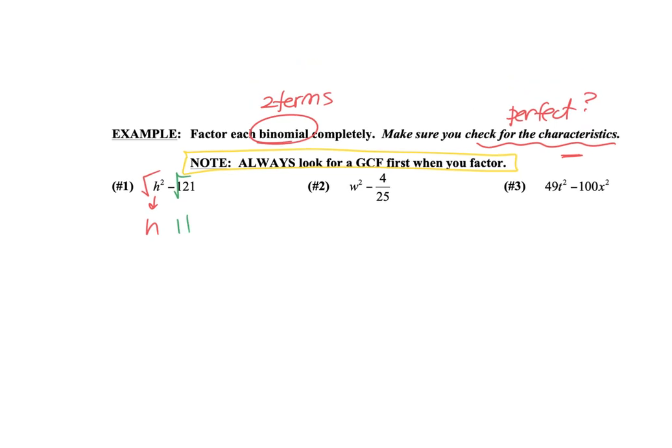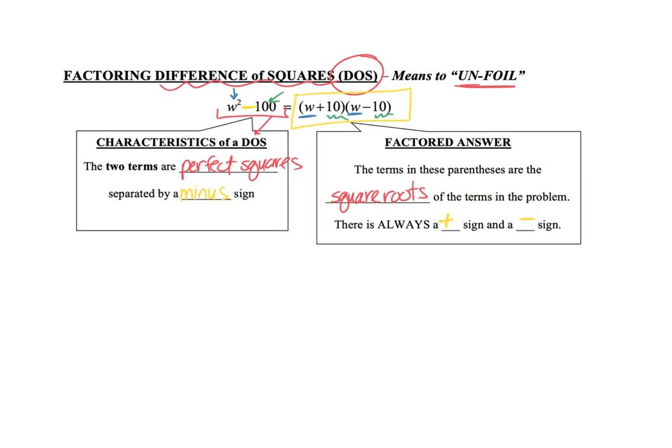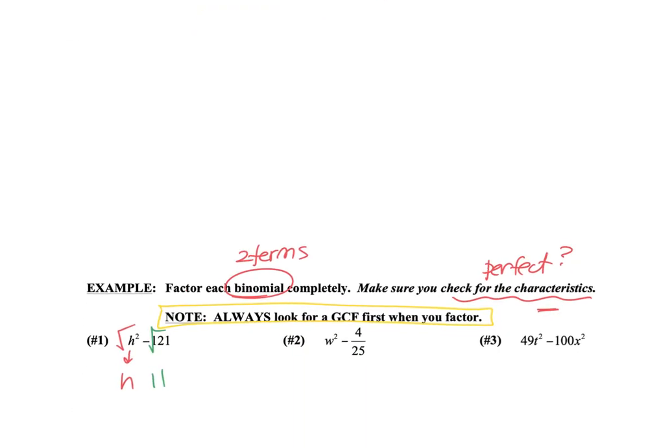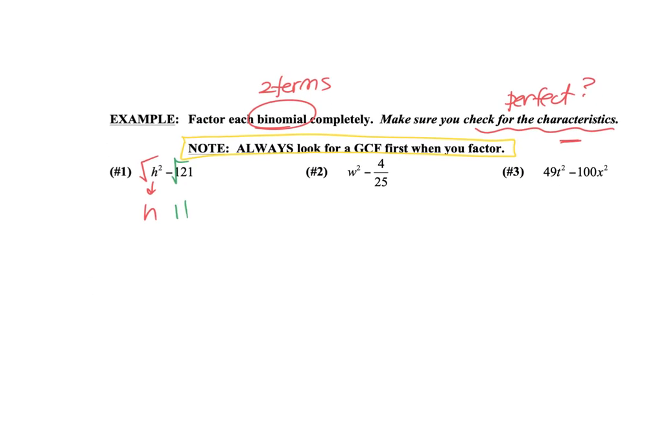So by using this formula, right, I take those two perfect squares and I'm going to write them down, and I'm just going to separate them by a plus and a minus. So this answer should say h plus 11 times h minus 11. And I am finished. That's it. That's my answer.